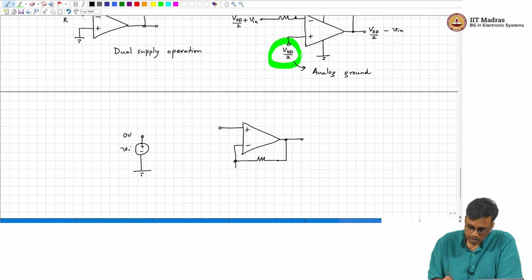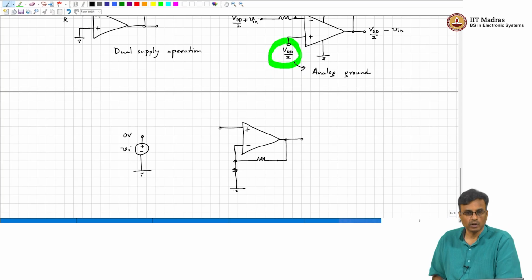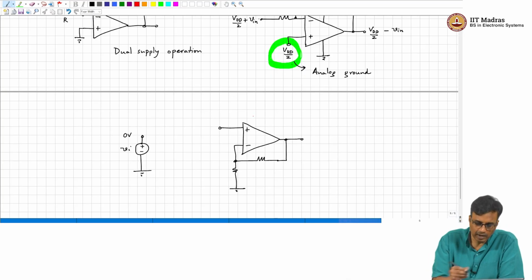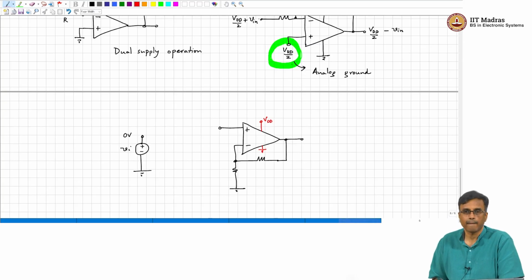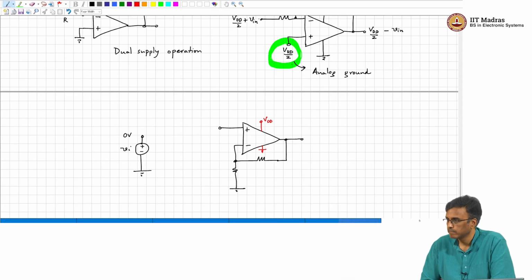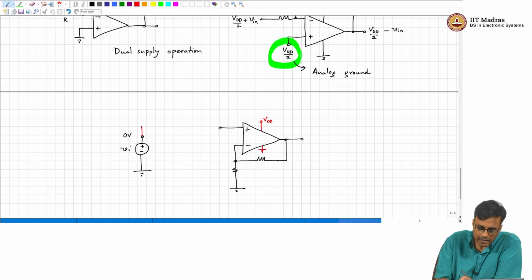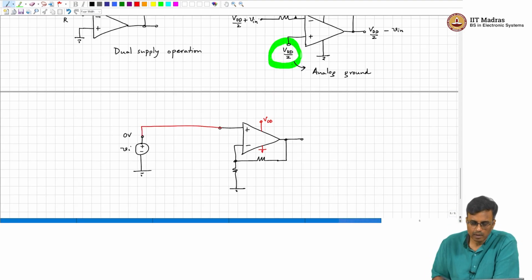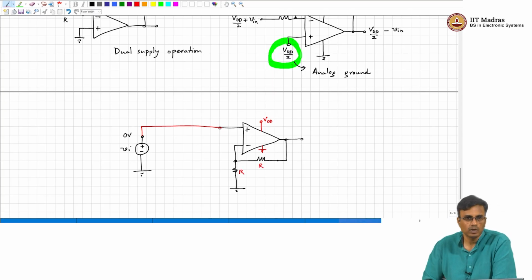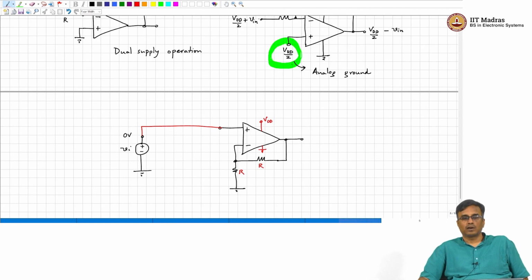Let's connect this to ground, and let us say we are operating this at single supply. So, this is VDD and this is ground. Now, if I directly connect this to this, so this is R and this is R, so we are expecting a gain of 2. So, what will happen? What comment can you make about the common mode voltage at the input of the op amp?